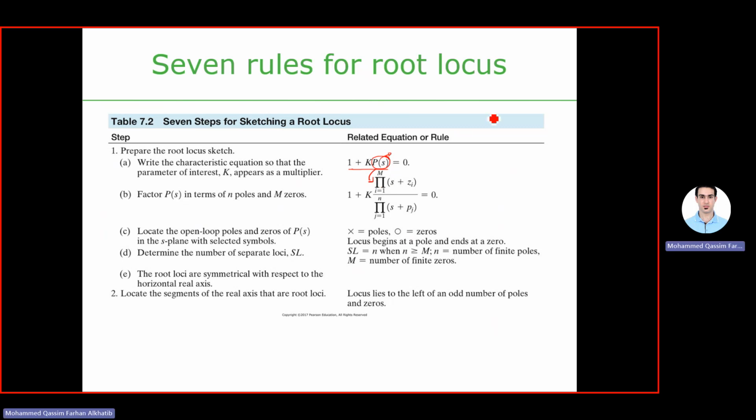So let's assume that I have s plus 5 over s squared plus 5s plus 6. Make it as s plus 5 over s plus 3, s plus 2.